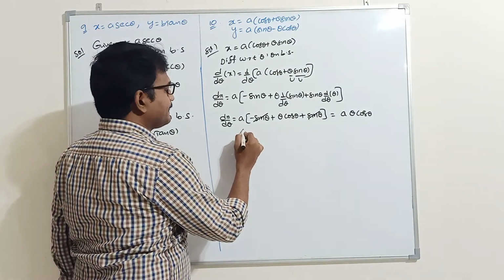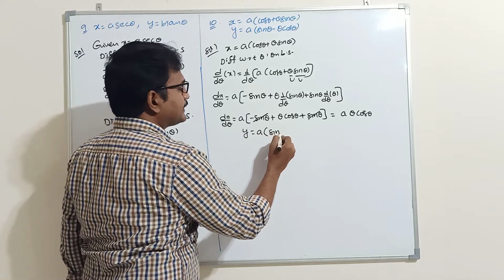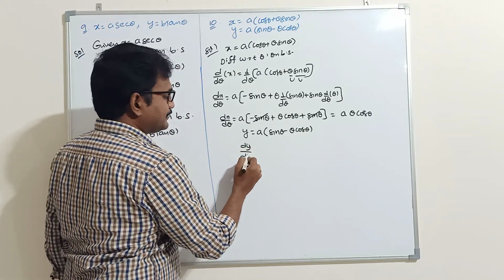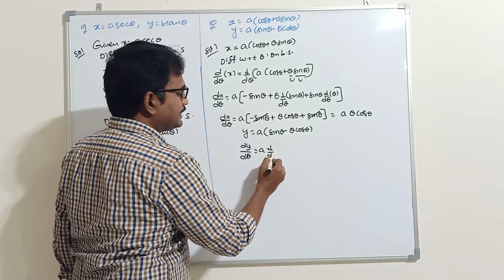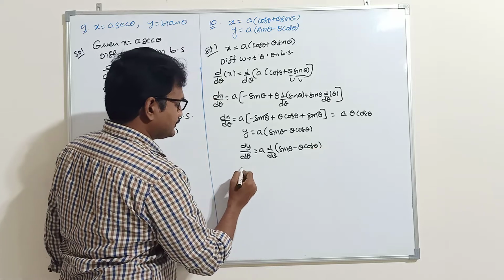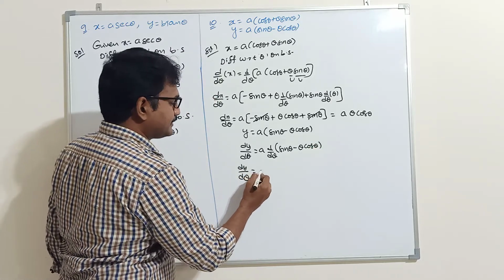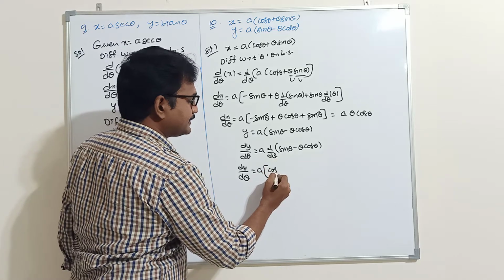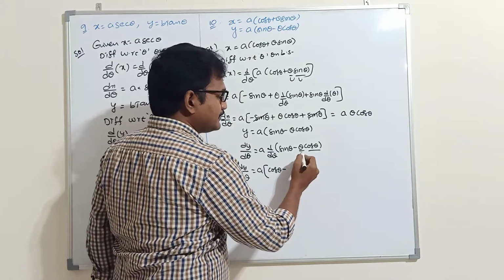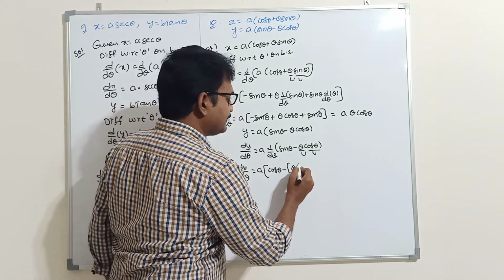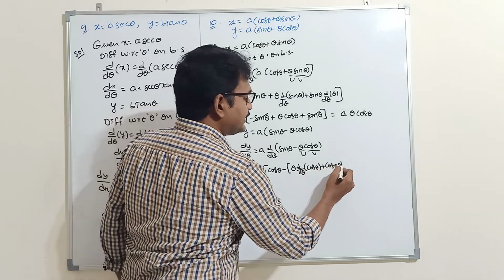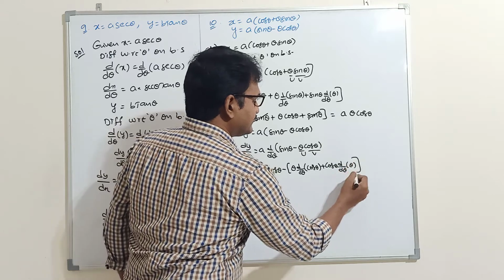Next, y is equal to a into sin theta minus theta cos theta. Differentiating with respect to theta on both sides, dy by d theta is equal to a into d by d theta of sin theta minus theta cos theta. The derivative of sin theta is cos theta, minus theta cos theta. Two variables are there, so apply the UV rule again: theta into d by d theta of cos theta plus cos theta into d by d theta of theta.